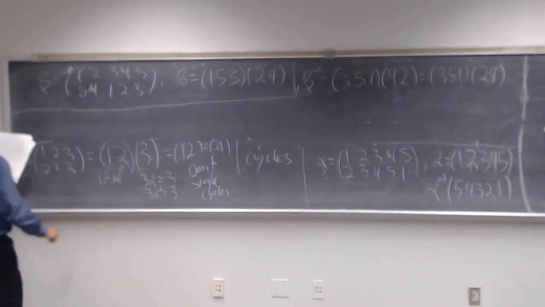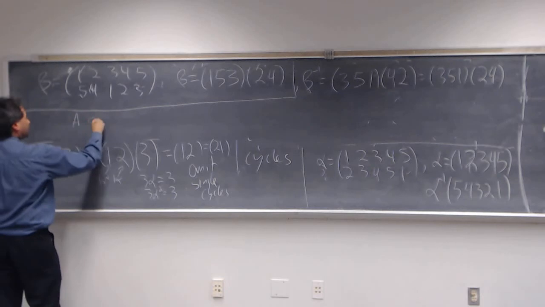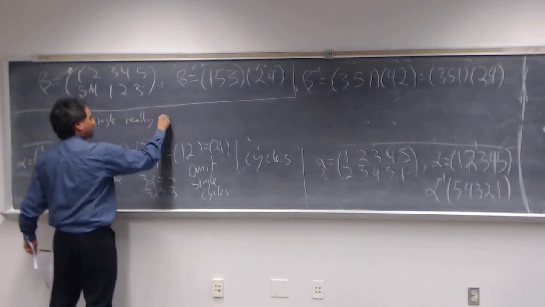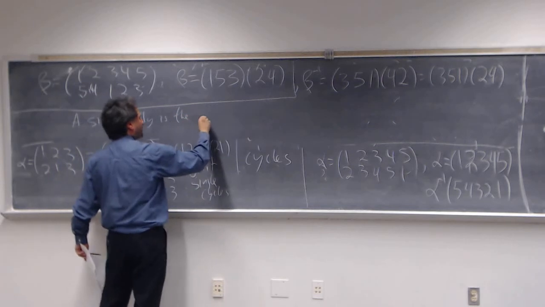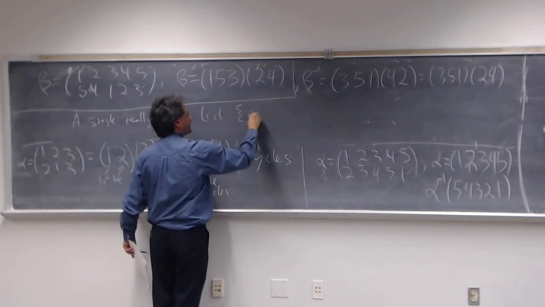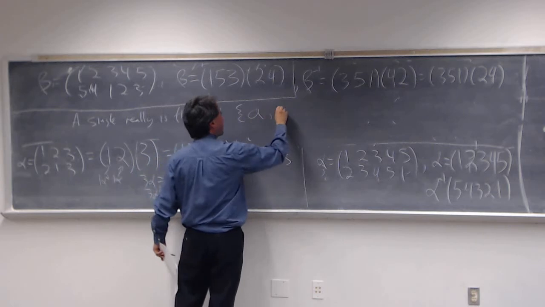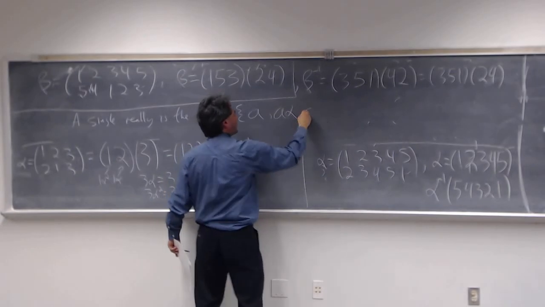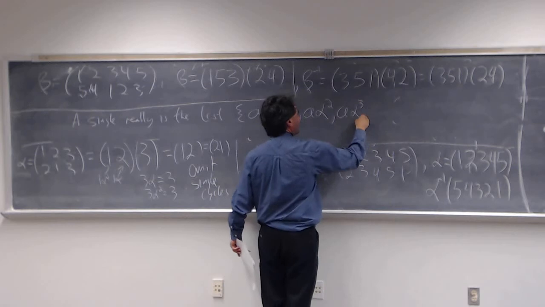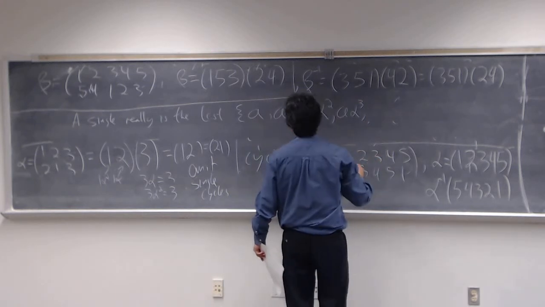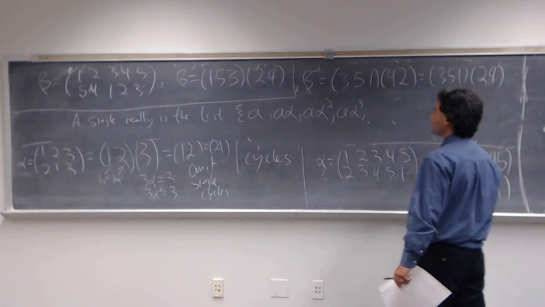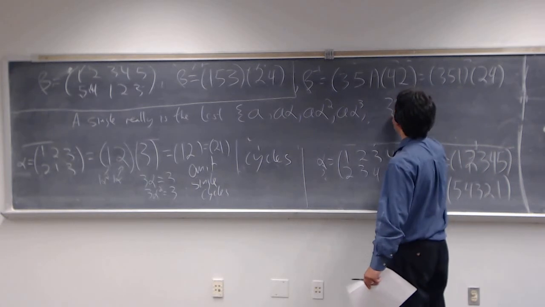So again, what a cycle really is: you start with some number A, and then you look at alpha applied to A, alpha squared applied to A, alpha cubed applied to A. And this list goes on forever.